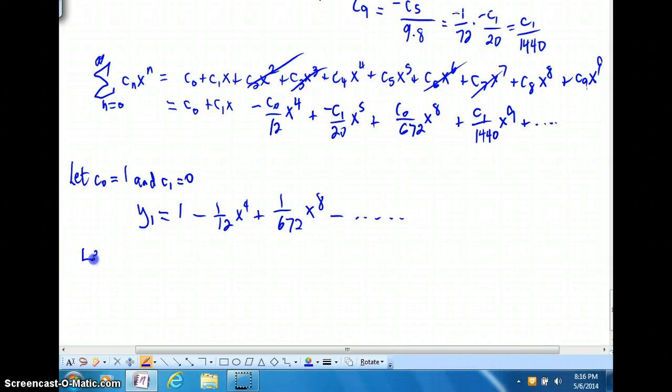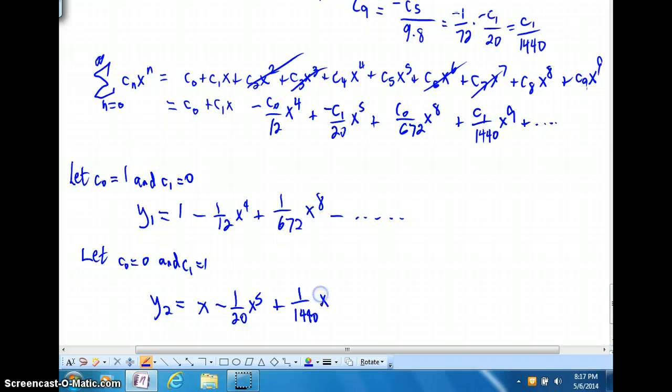We could also say, well, let's let c sub 0 equal 0 and let c sub 1 equal 1. Well, now we generate a second type of series, in which case we'd have x minus 1/20 x to the 5th plus 1 over 1,440 x to the 9th, and this would continue on.